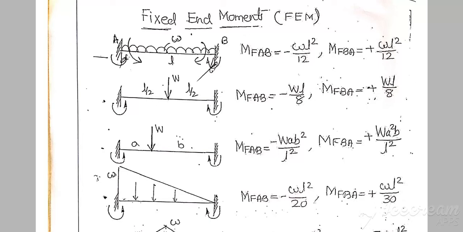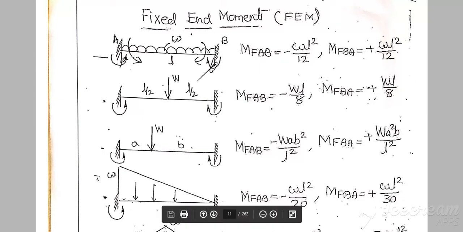That means whatever support they give in the problem, when we are going to calculate fixed end moment, you should visualize, you should imagine both the supports are fixed supports, and by that assumption we are using this formula and calculating the fixed end moment.